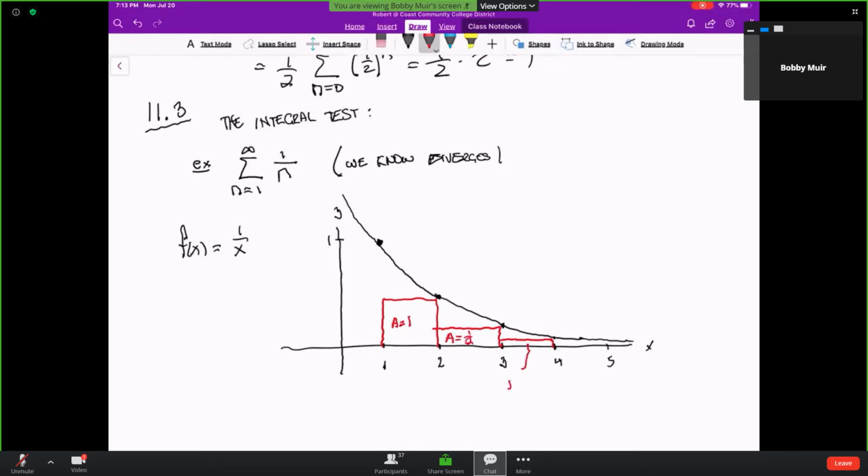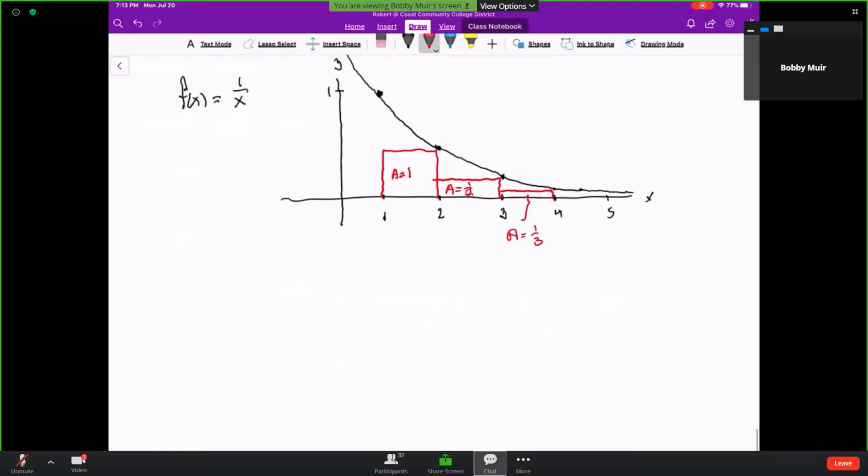The area of that box would be 1/3. So if I was to add up all of the areas, 1 plus 1/2 plus 1/3, these would all be underneath the curve. I mean the guy, right?